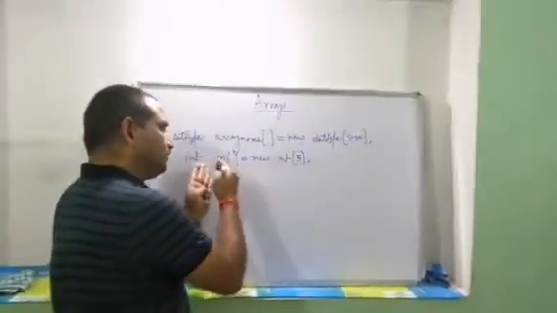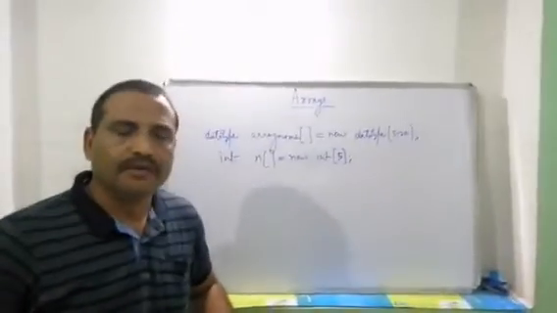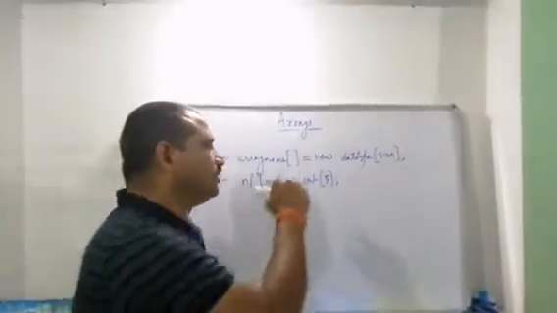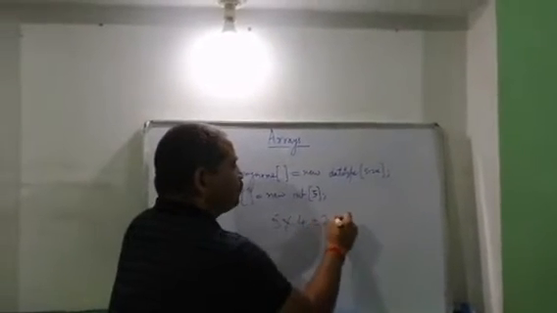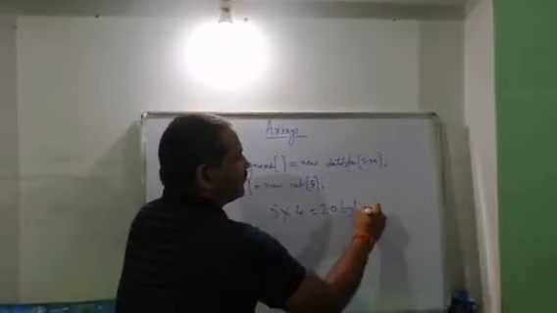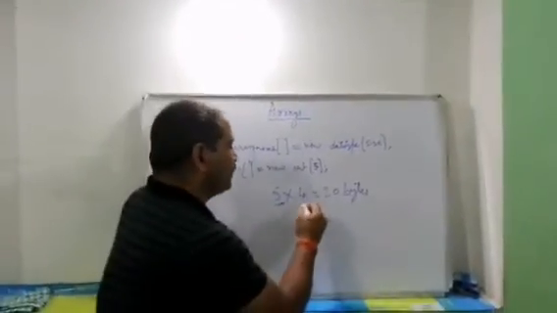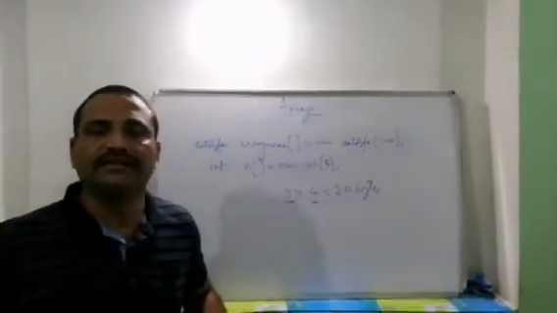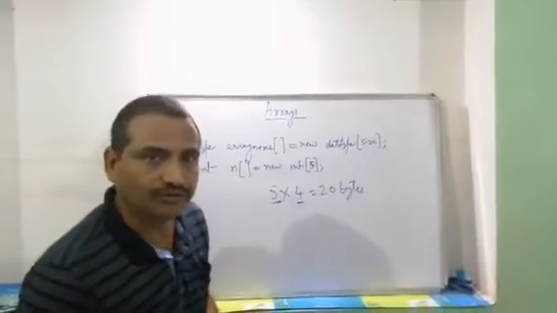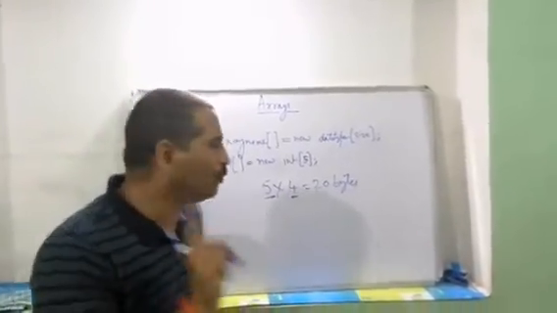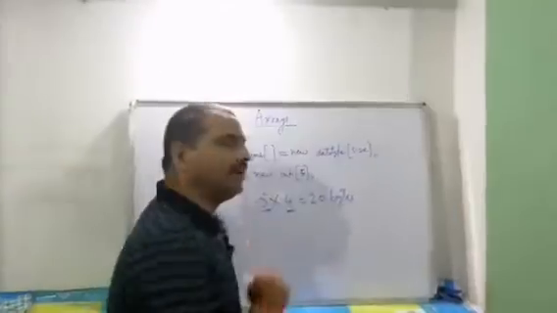So the array variable n will use 5 into 4 equals to 20 bytes. 5 is the size of the array and 4 is the size of the integer base type. We are going to store 5 integer values, and one integer value will occupy 4 bytes. So the total size will be 20 bytes.